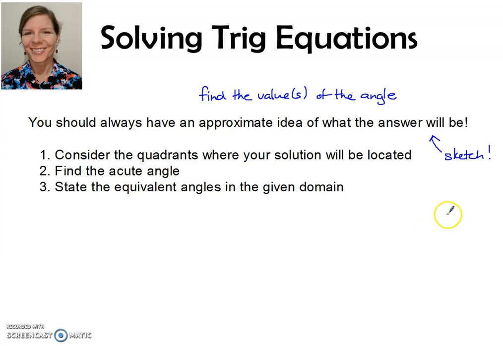Consider the quadrants where your solution or solutions will be located, find the equivalent acute angle, and then state the angles in the given domain. This is important because it determines how many solutions you need to give and whether they're in degrees or radians. This will make more sense when I show you an example.